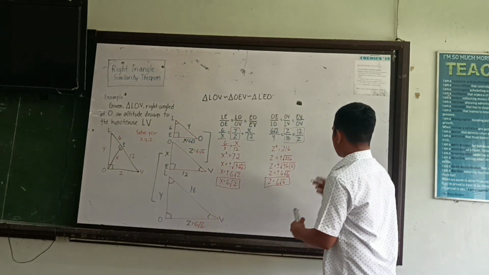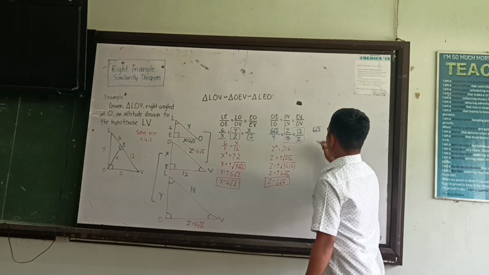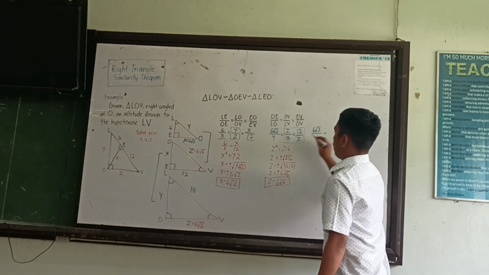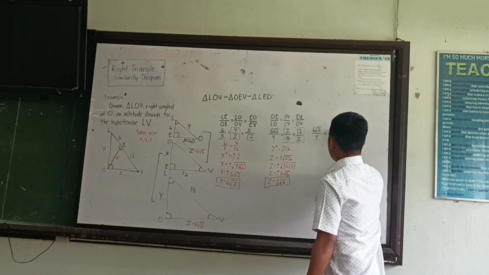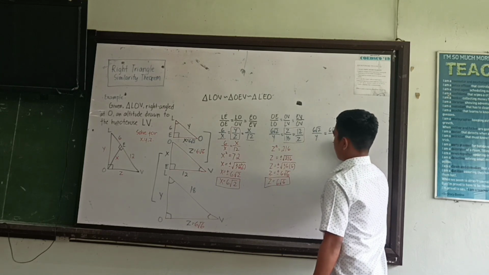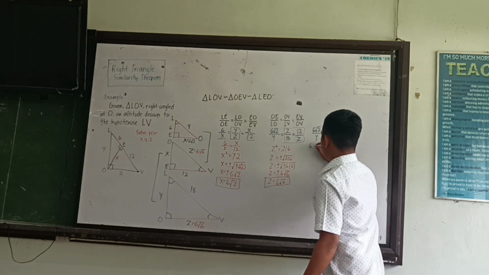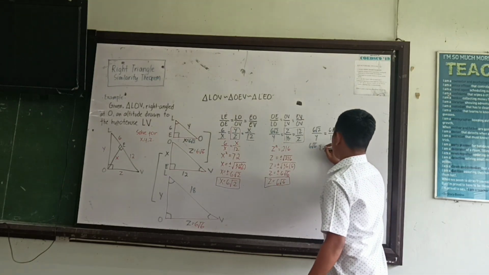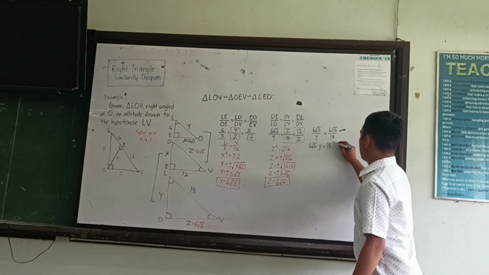So we have 6 square root of 2 over y, plus instead of z, let us substitute the value of z equals 6 square root of 6 over 18. Now cross multiply, we have 6 square root of 6 times y is equal to 18 times 6 square root of 2.